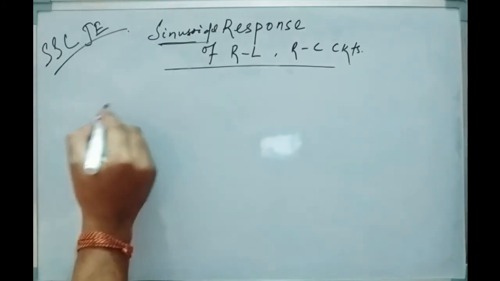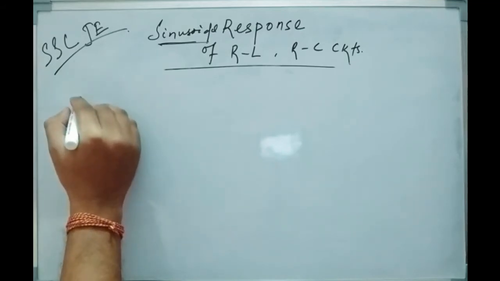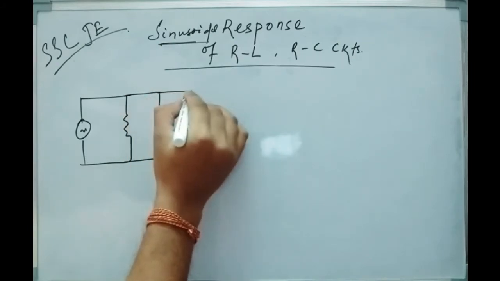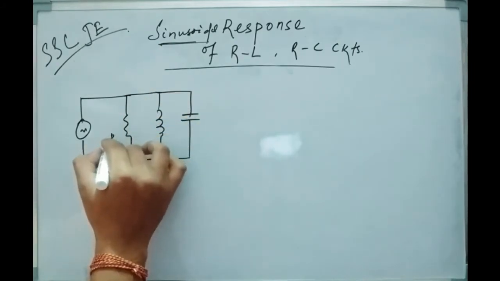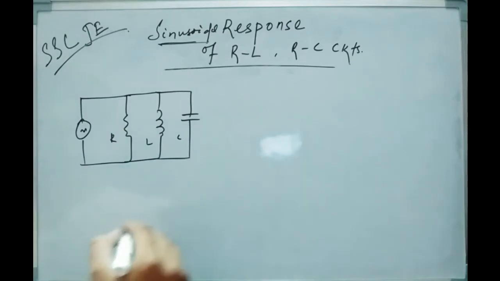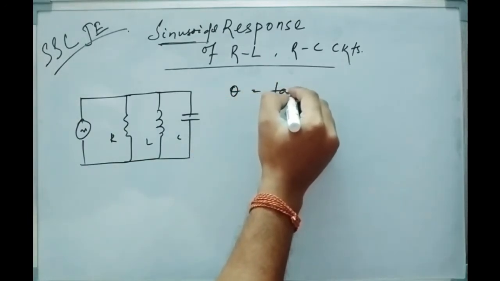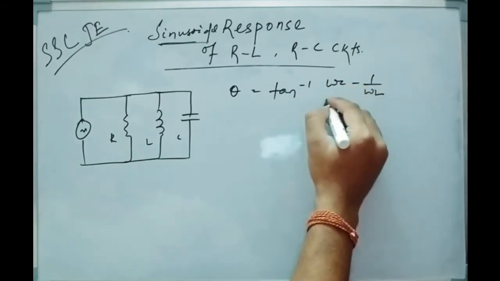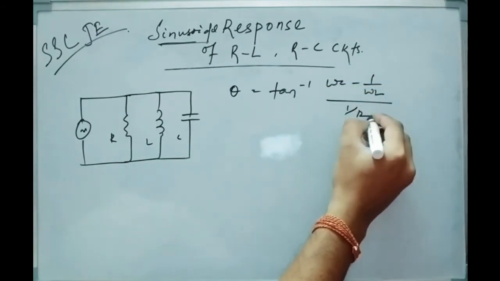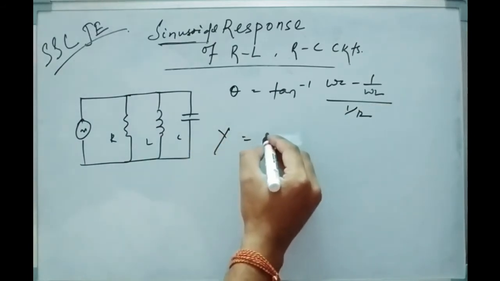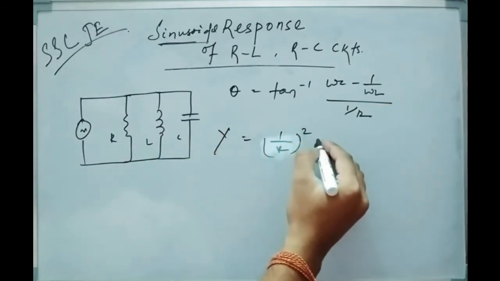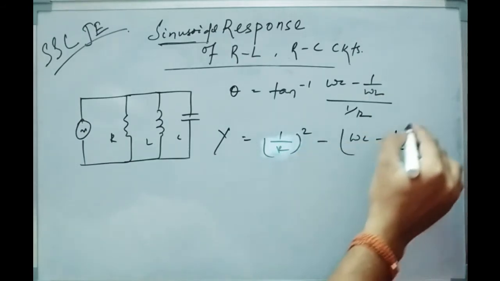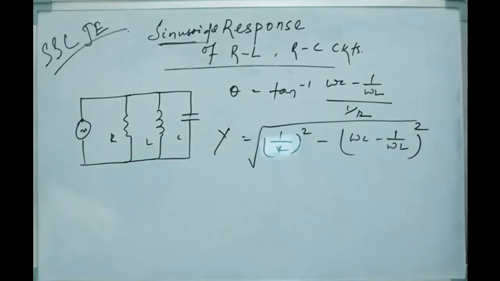And for the RLC parallel circuit, theta is tan inverse of (omega C minus 1 by omega L) divided by 1 by R, and admittance equals square root of (1 by R) whole square plus (omega C minus 1 by omega L) whole square.